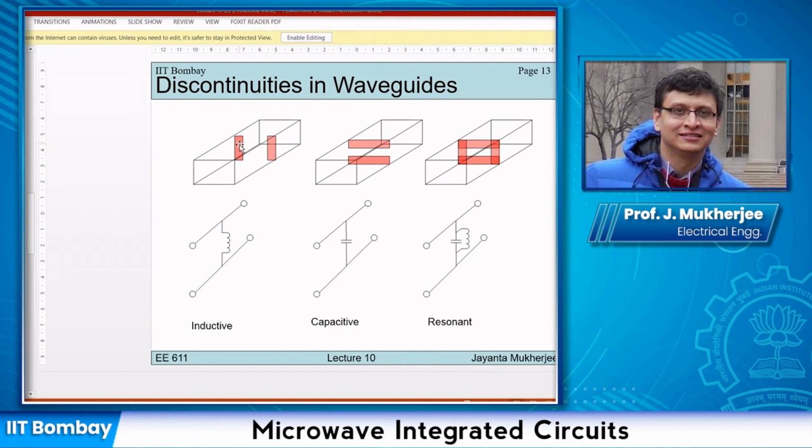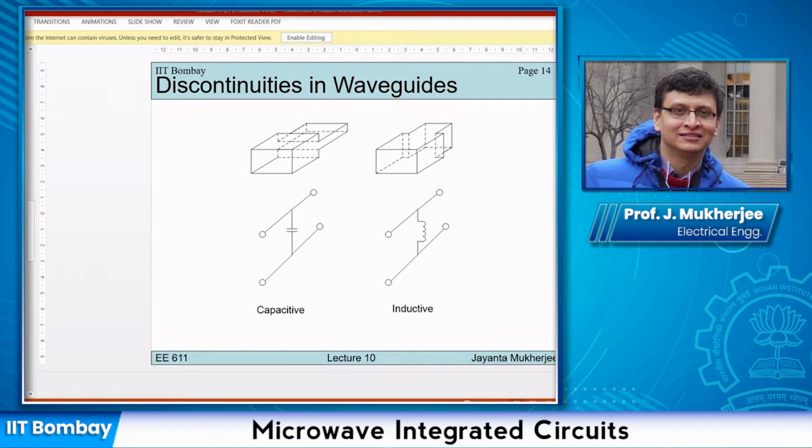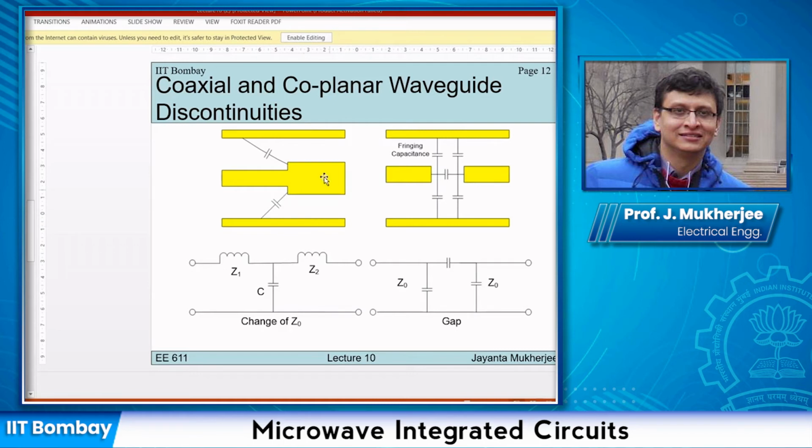If we have both, that is this vertical as well as these horizontal strips as shown here, then we can design a resonator.